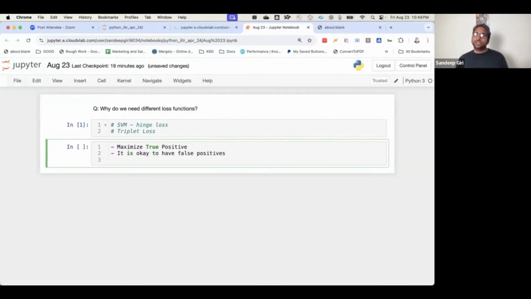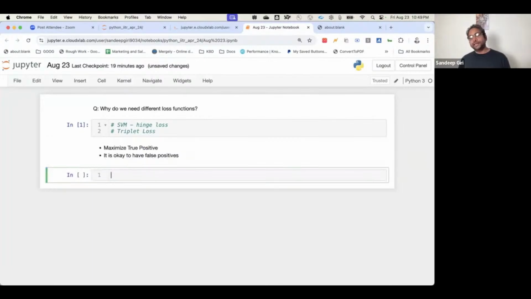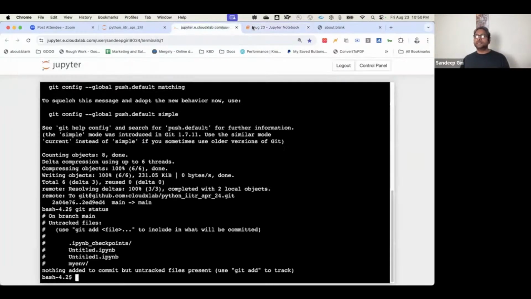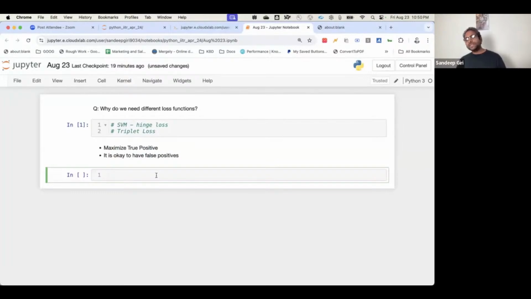Okay, so depending upon the problem, you might have to design your own loss functions. Okay. Got it. And yes, you have to think out of the box and come up with those ideas such that you can solve real world problems. Okay, very good question.